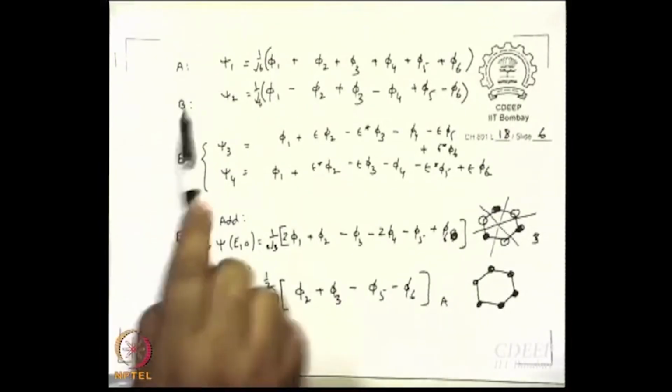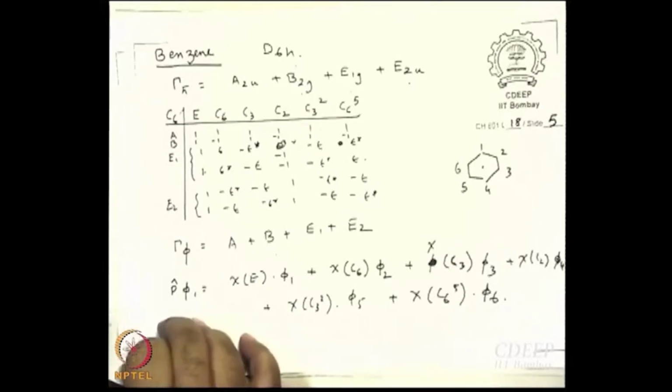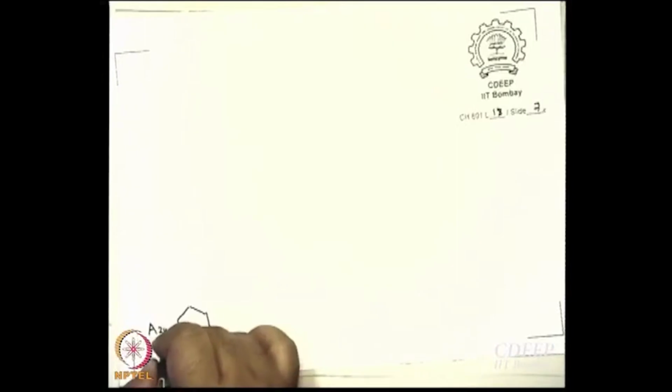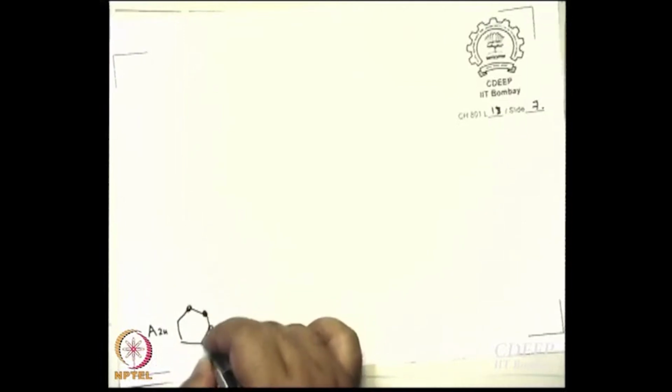So, instead of writing it as A, if I go back to the full group, I should write it as A2U. What is A2U? No node.